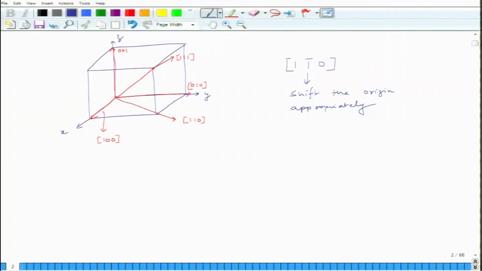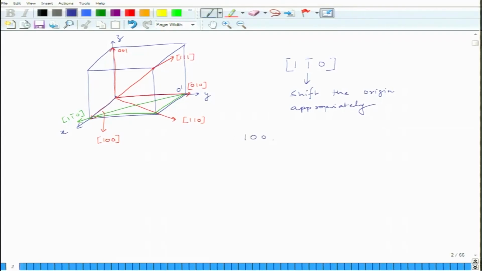So I can now put my origin here. This is my new origin O prime, and if I need to go 1 along x, which is this, and 1 along minus y, and if I connect these 2 points, this would be 1 1 bar 0.